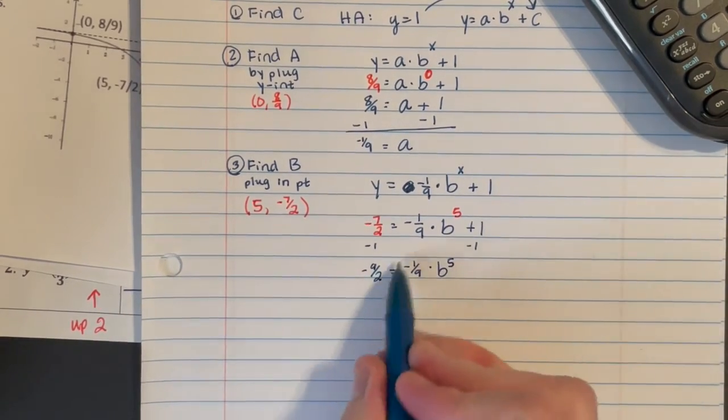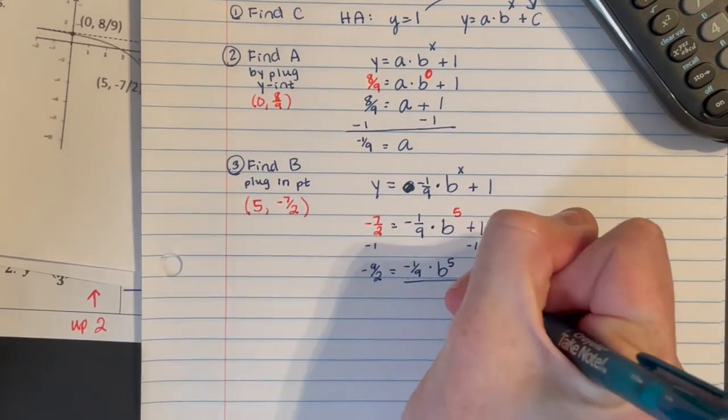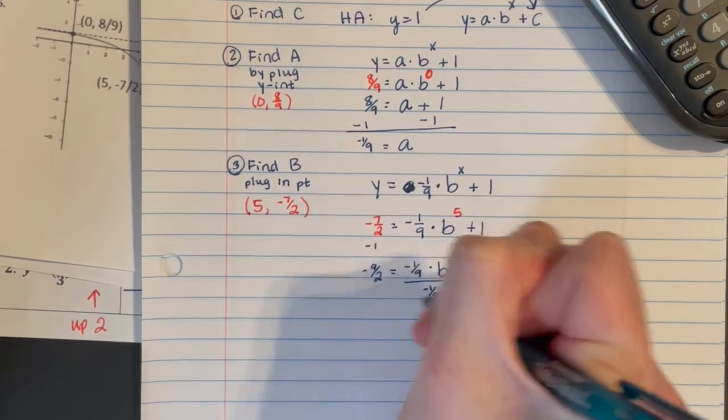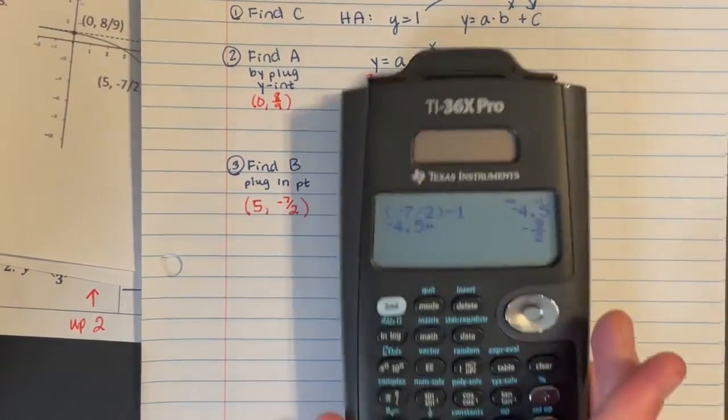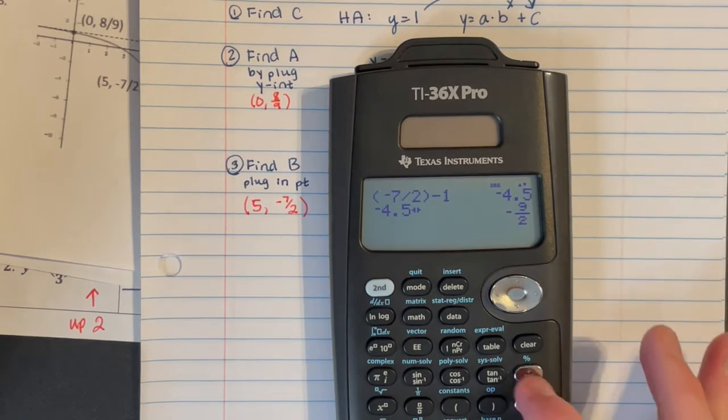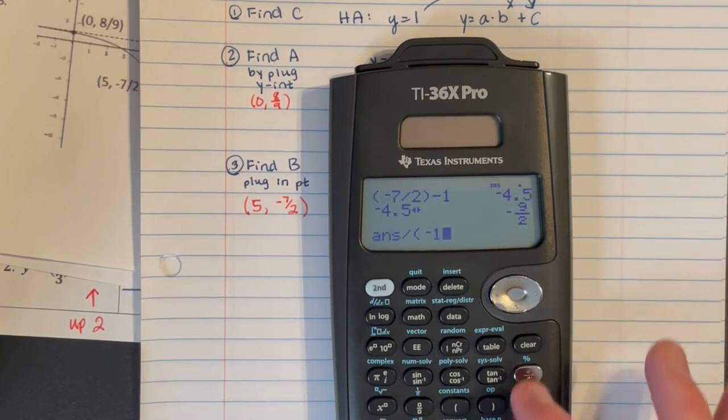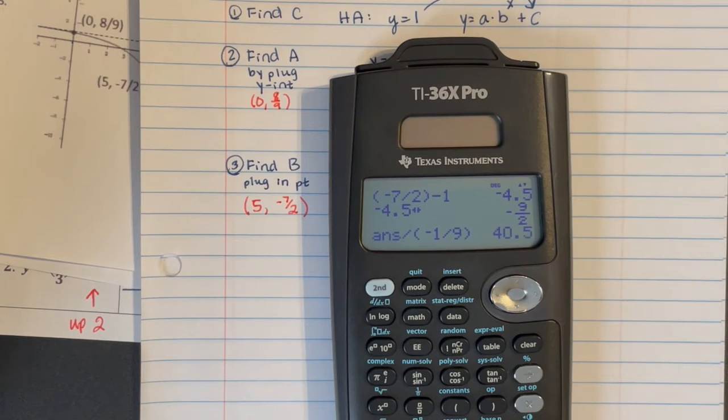We have to undo the multiplication first, so I'm going to divide both sides by -1/9. So in our calculator, we had -9/2 divided by -1/9. It gave us 40.5. Turn it back into a fraction, so 81/2.